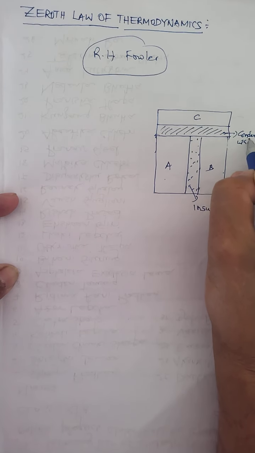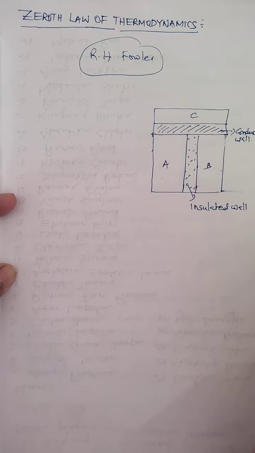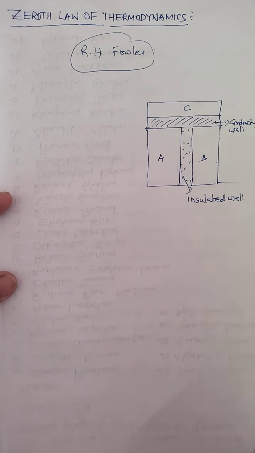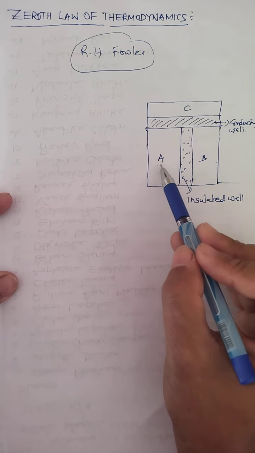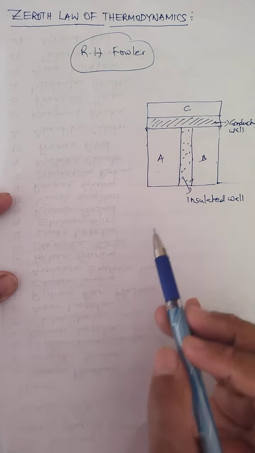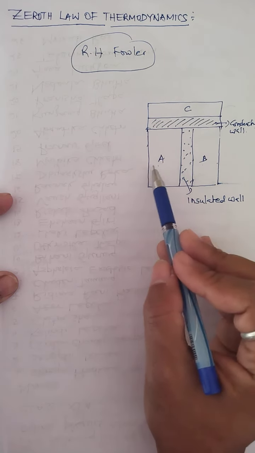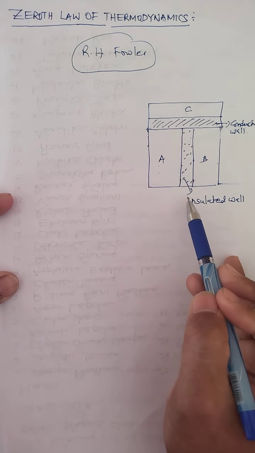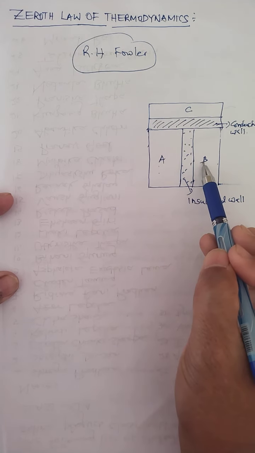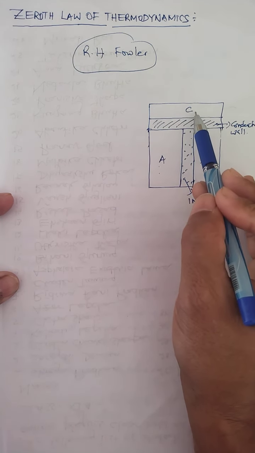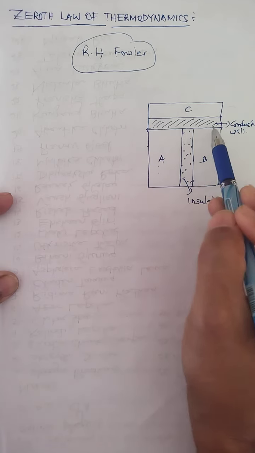So you can see there are a total of three systems that we have taken, A, B and C. Of the three, A and B are separated by an insulated wall, and both systems are now in contact with another system C through a conducting wall.